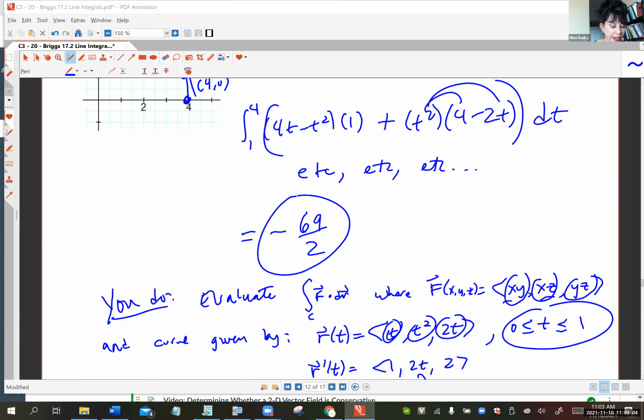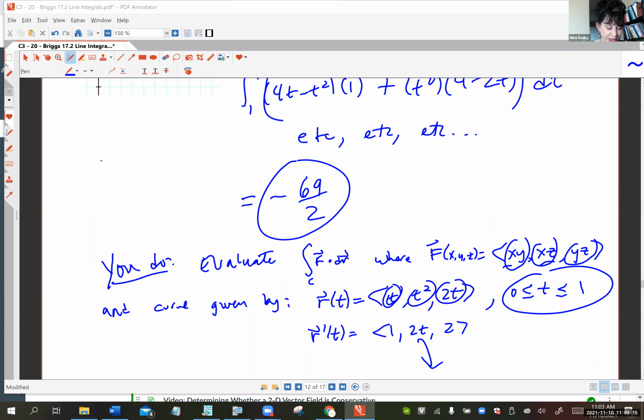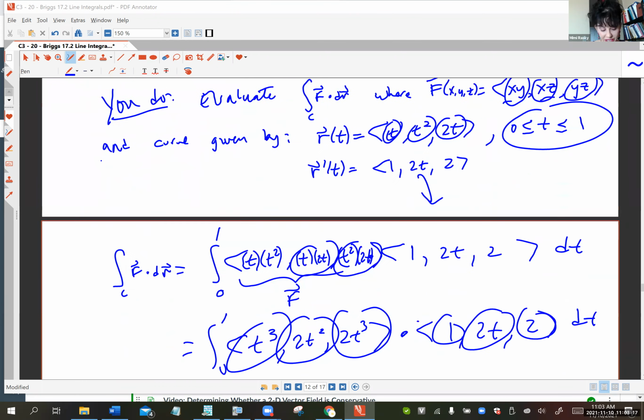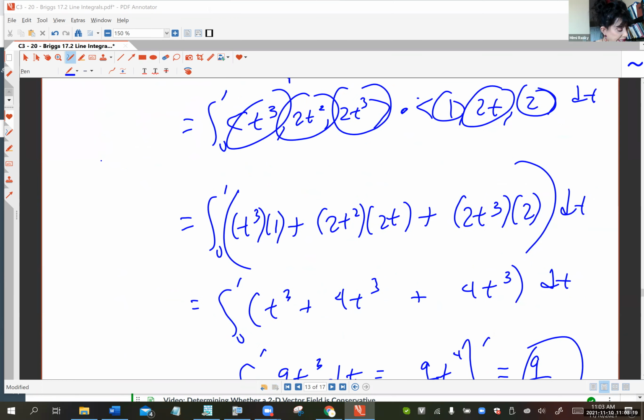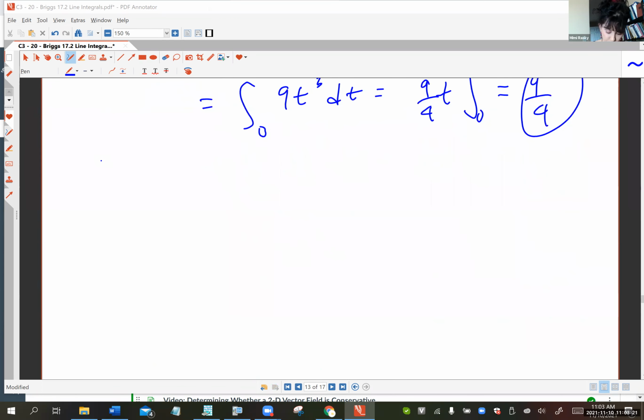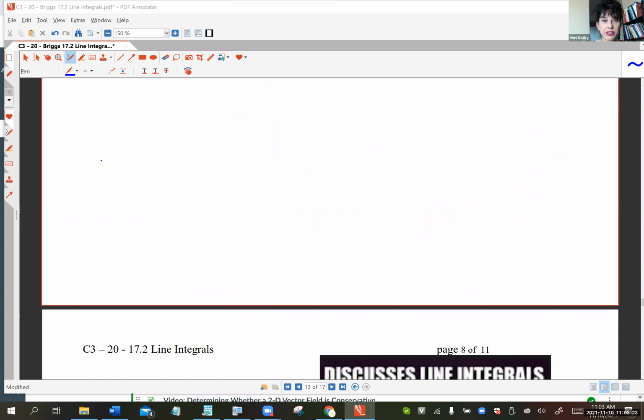Of course, somebody could throw in a problem where after you do the dot product, you might have to do integration by parts, or use some u substitution. Who knows? These are just easy polynomials to get us warmed up. So now you're officially done with type 2 line integrals. Congratulations. You're ready for type 3.